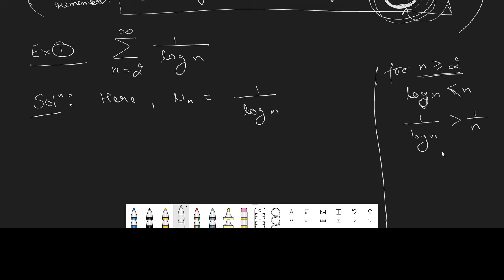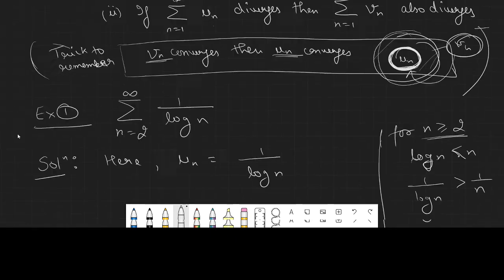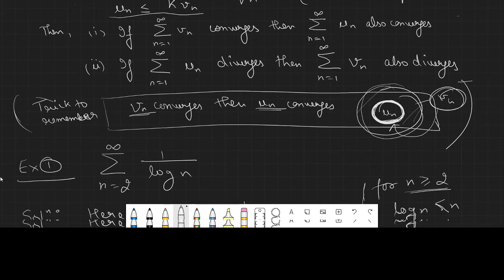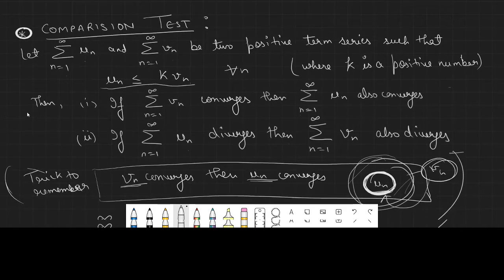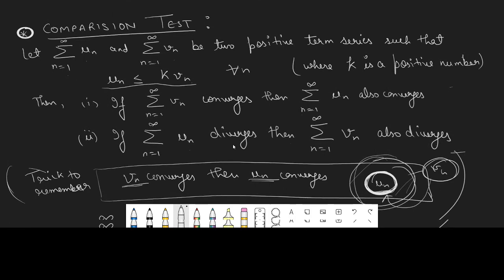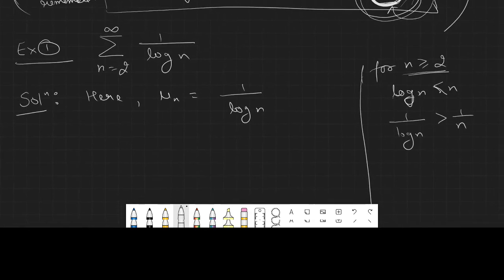So from here, according to the test, is it helping or not? Yes, it is helping. In the second statement, if un is divergent, then vn is also divergent. If un is less than or equal to k vn, then the series vn will also diverge. So with 1 by log n as our bigger series and 1 by n as our smaller series, we can say that 1 by log n is divergent.